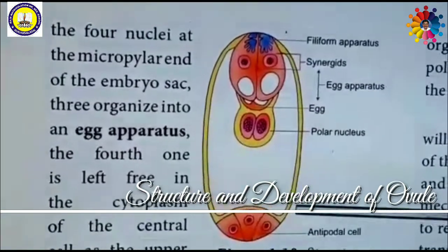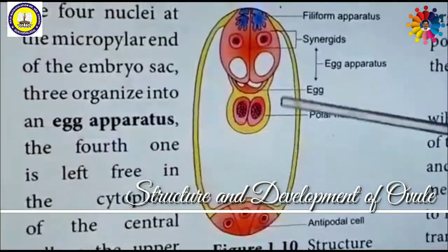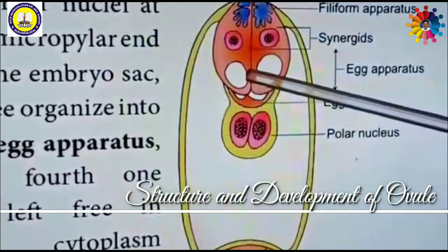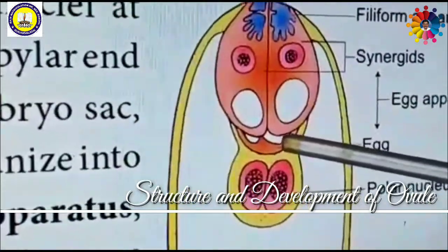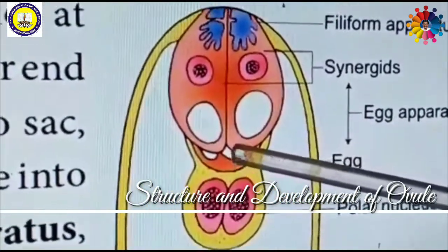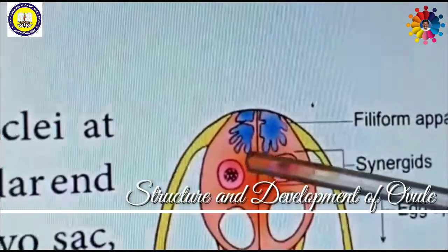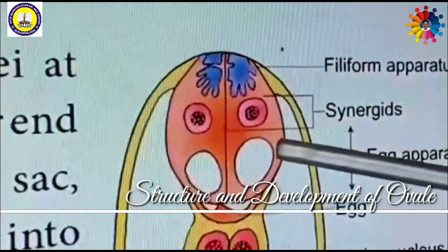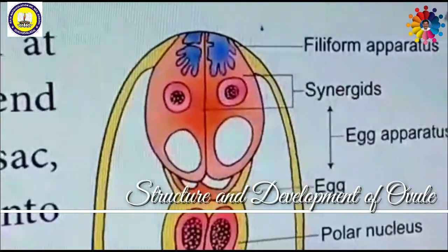So this is called the embryo sac. Inside the embryo sac, there is a female gamete. This is called the egg. This is supported by two synergids. These synergids are very helpful for fertilization of the egg cell. The pollen tube penetrates inside the synergids only. So during fertilization, the synergids help the egg.